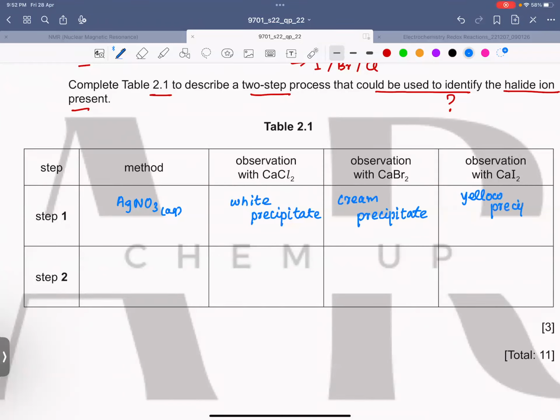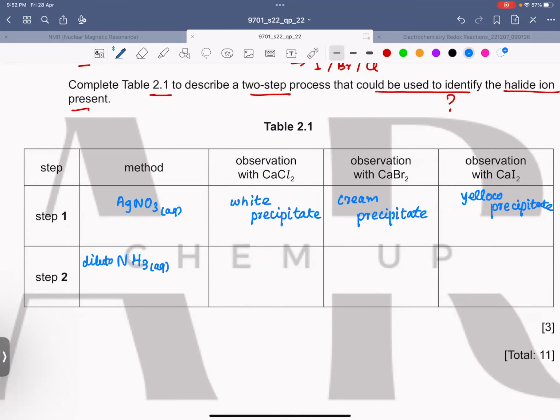Then the second method: in these precipitates, we add aqueous ammonia. Sir, there are two types, aqueous and concentrated? Both are aqueous, one is concentrated and one is dilute.